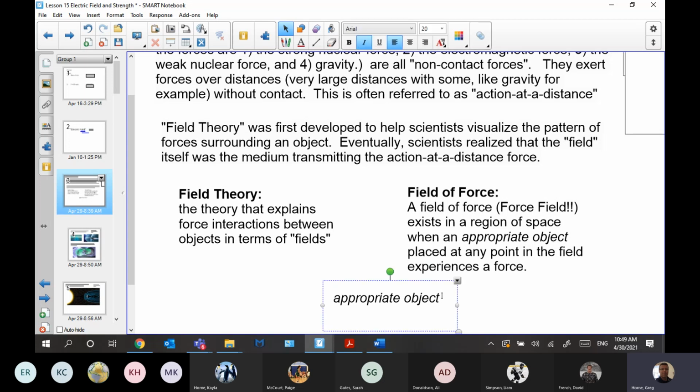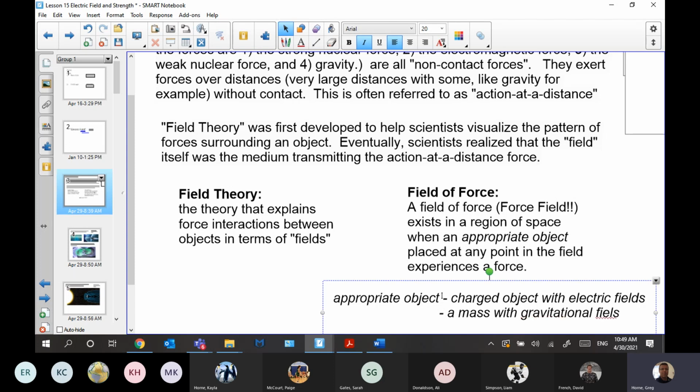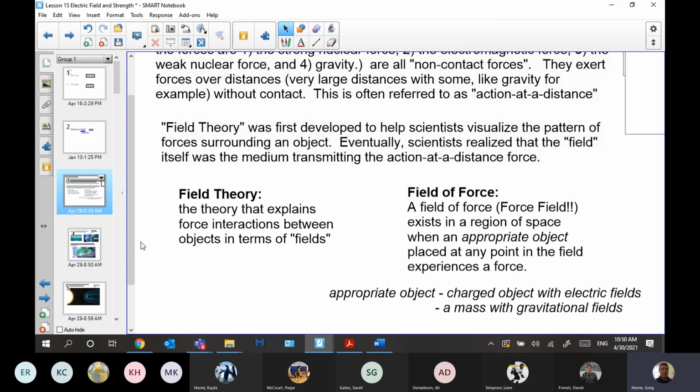Let's jot in there, i.e., a charged object with electric fields. So that's what they mean by appropriate object.